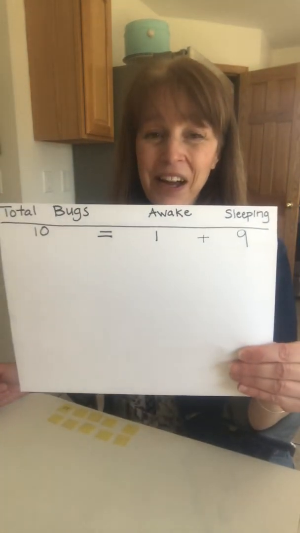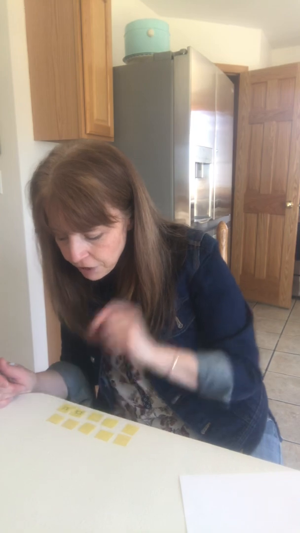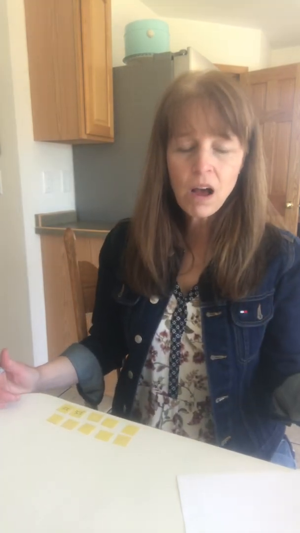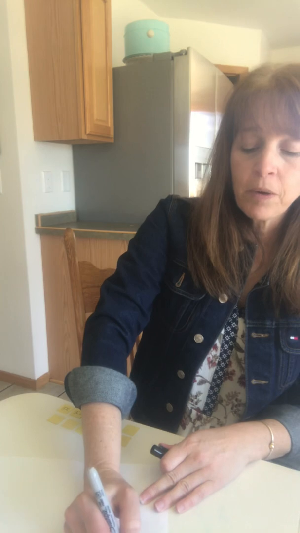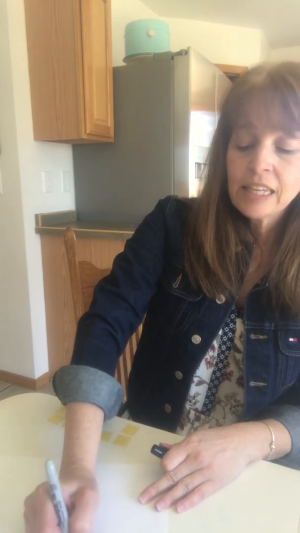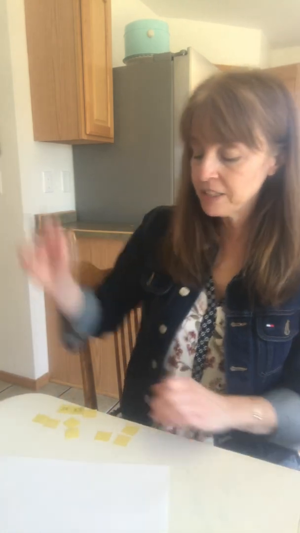Okay, we've got 1 done. Let's wake up another bug. Wake up, little bug, and I turn it over. So now I still have 10 bugs all together, but now I have 2 that are awake. So I'm going to start my number equation again. 10 equals 2 awake bugs plus how many are sleeping.